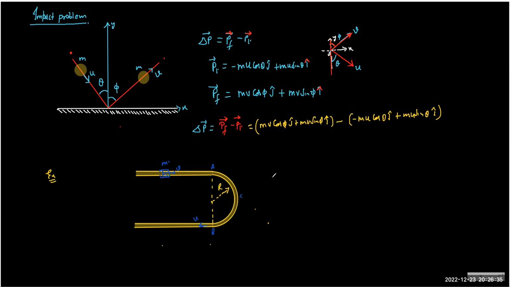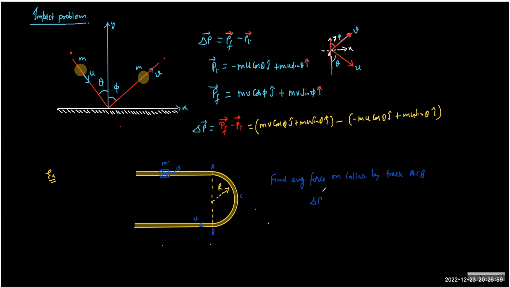So the question is, find the average force on the collar by track ACB. So how much momentum have you changed?